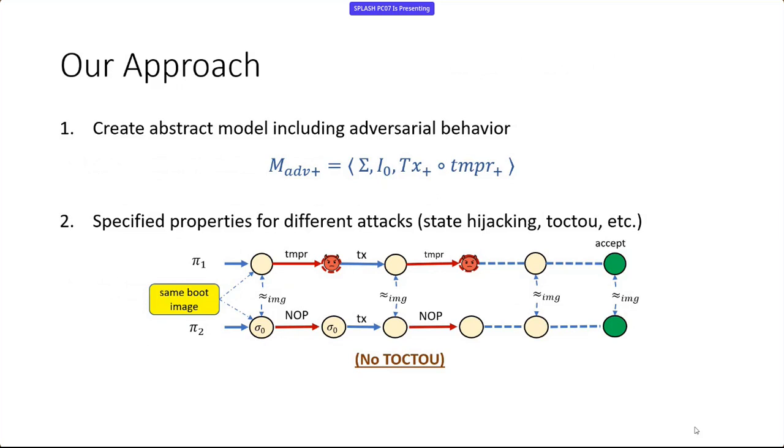It shows that for any pair of traces you take, where they start from the same boot image, and there is no attack by the adversary, and if there is tampering by the adversary and they both end with an accept state, then we should also check that the boot image has not changed states across the execution states.